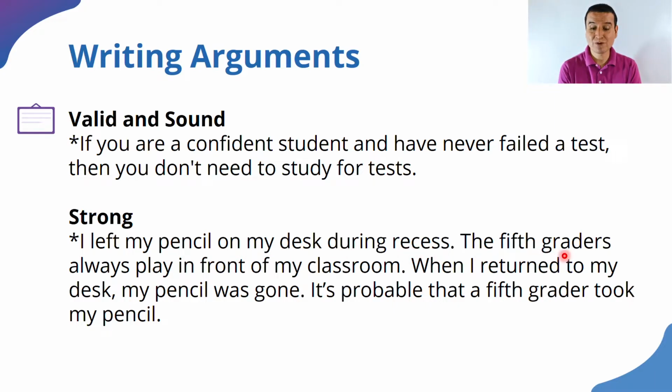The fifth graders always play in front of my classroom. When I returned to my desk, my pencil was gone, meaning that it had disappeared. It is not there anymore. It's probable that a fifth grader took my pencil. It is probable, it means that it can be proved that a fifth grader took my pencil.